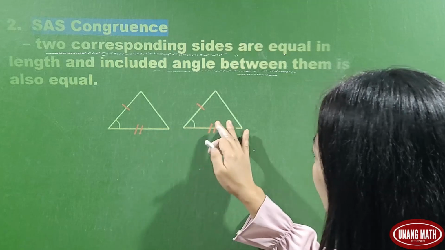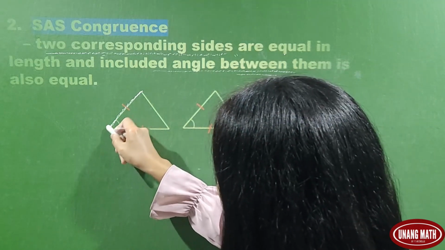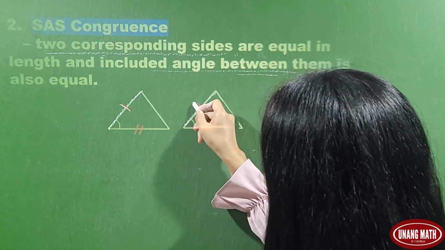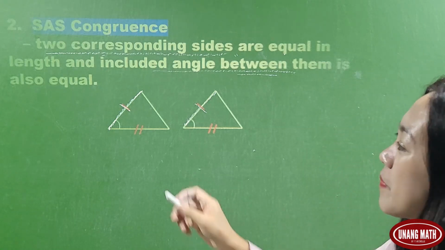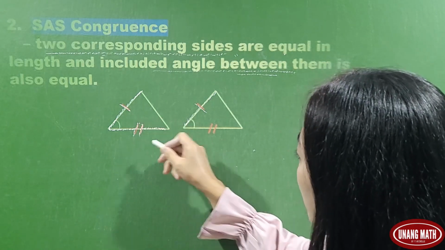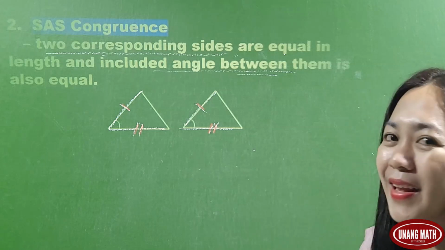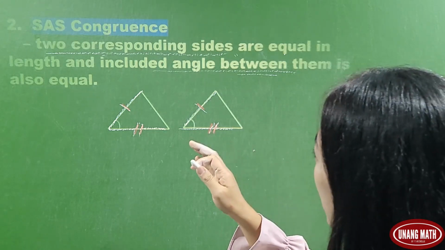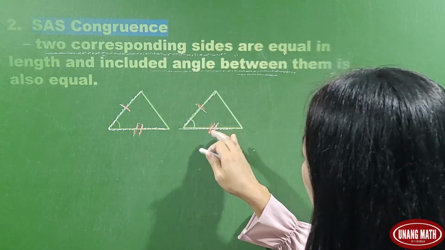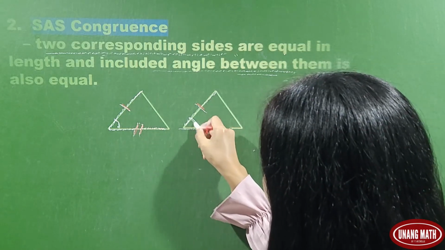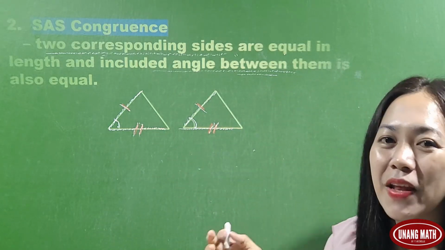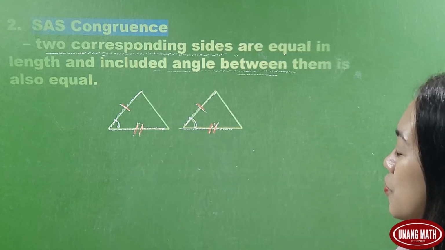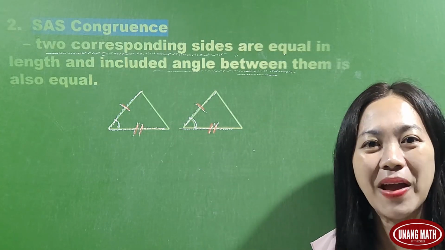Okay, in these two triangles, this side corresponds to this side and they are equal in length. This side corresponds to this side, also equal in length. And between these two corresponding sides, we have these angles. And these angles are equal in measure. So it means these two triangles are congruent.